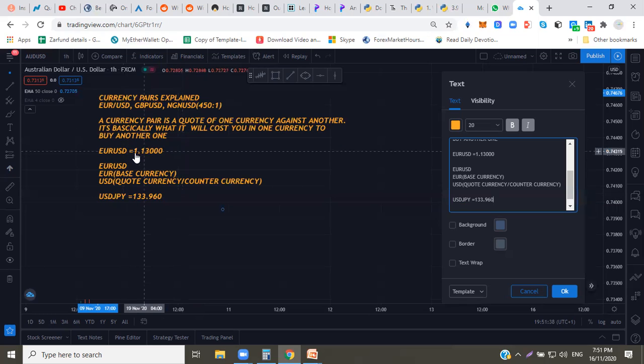Now this one here, 133.960 is one figure. It's not two figures put together in one. The value of the base currency is not quoted because it is one. Do you understand? One times anything is the same thing, right?